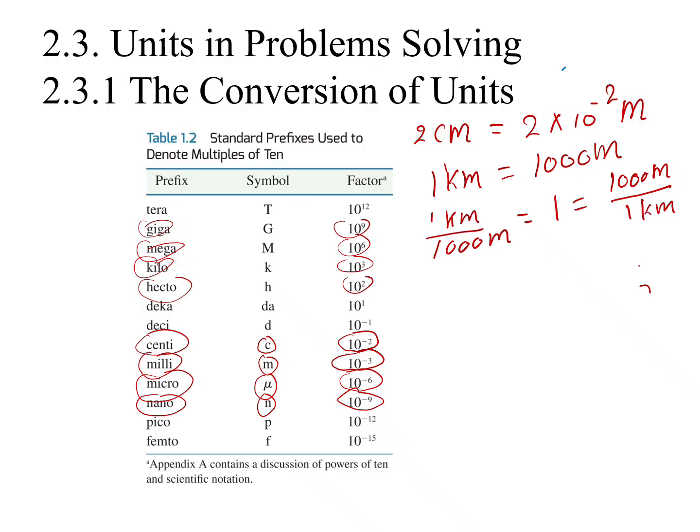Now, if you have a measurement that you want to convert from kilometers to meters, let's say I have a measurement of 10.2 kilometers and I want to convert this to meters. So you have to multiply this with the fraction that would cancel out these kilometers.